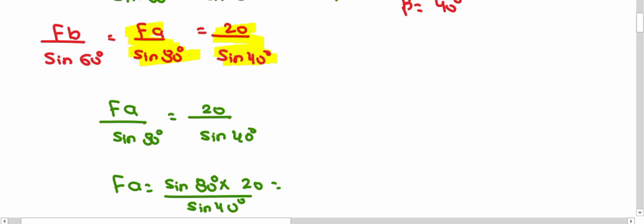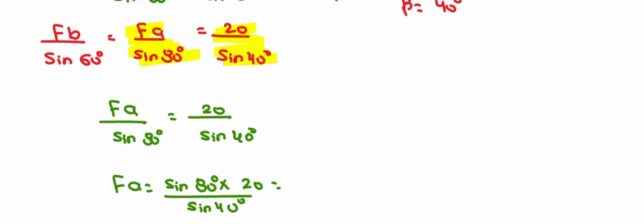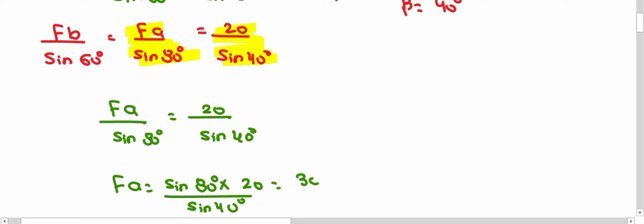Sine 80 degrees into 20 is 19.69, and if you divide it by sine 40, you will get 30.64. So this is basically 30.64 pounds. Don't forget to write down the unit.